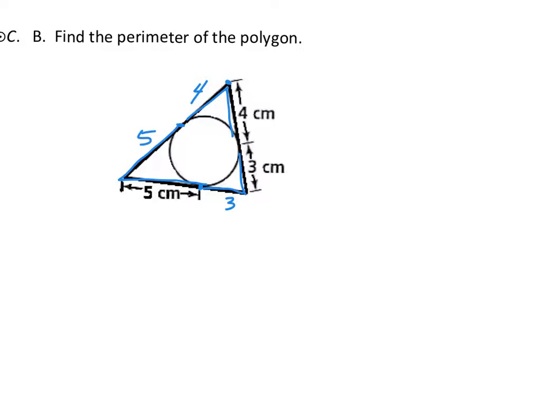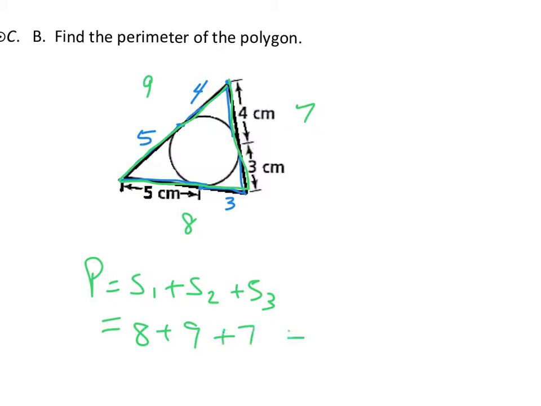And remember, perimeter is just finding the entire size of each side and adding them together. So together this whole thing's 9, 5 and 4, 5 and 3 make 8, 4 and 3 make 7. So the perimeter is side 1 plus side 2 plus side 3, 8 plus 9 plus 7. Well, 8 plus 9 is 17, plus 7 is 24.